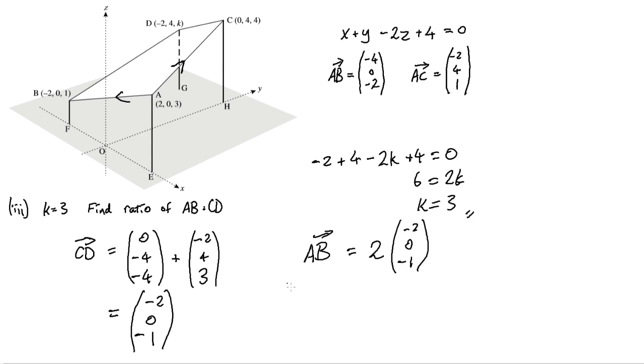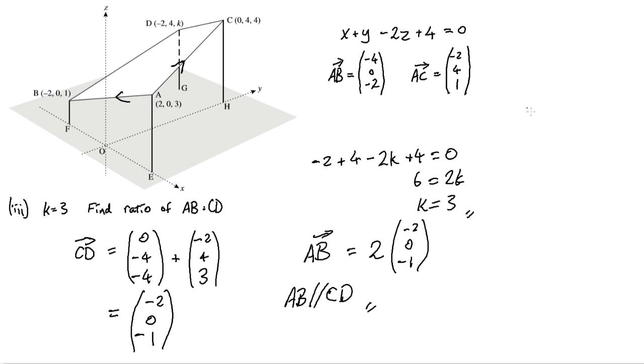And so, because they have the same direction vector, and the linear part is just the magnitude of it, they are parallel. AB is parallel to CD. So that is a property of a trapezium with parallel sides.